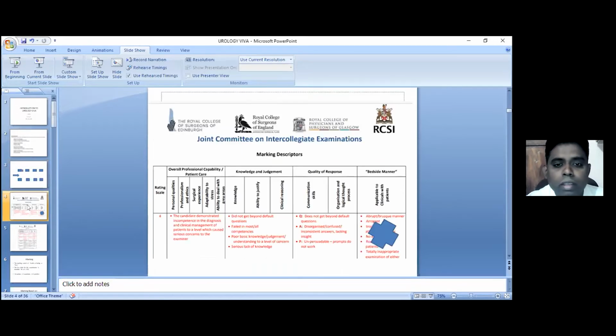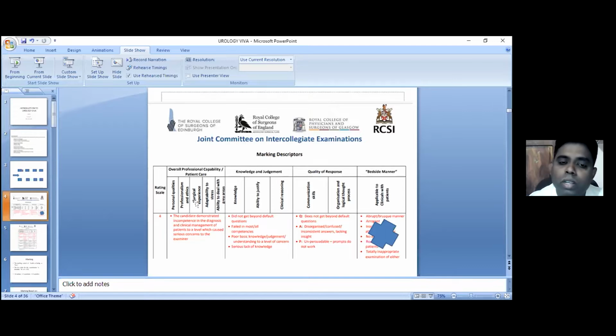The important thing I want to say is the marks are given in 3 domains. One domain is professional capacity and patient care. Under that, your personal qualities, your ethics, whether you are concerned about consenting, and your surgical experience.